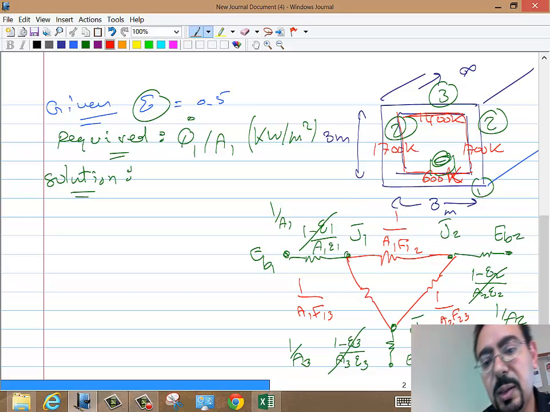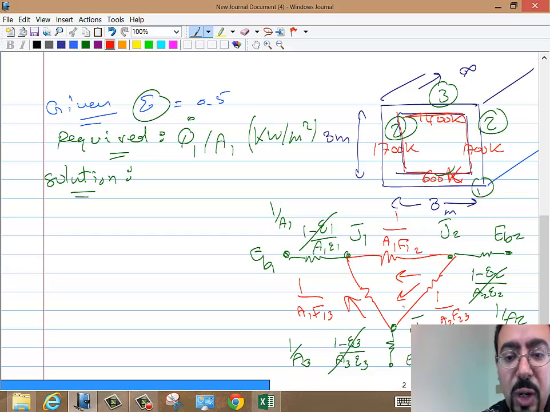Does this make sense? So what do we want? He would like to find out how much Q dot 1, how much radiation is going to surface 1, the floor. So there is radiation coming like this, and there is radiation coming like this, and I don't know which direction, but I'm just making arrows. The equation will tell me exactly what direction. But every surface is radiating to the other, right?